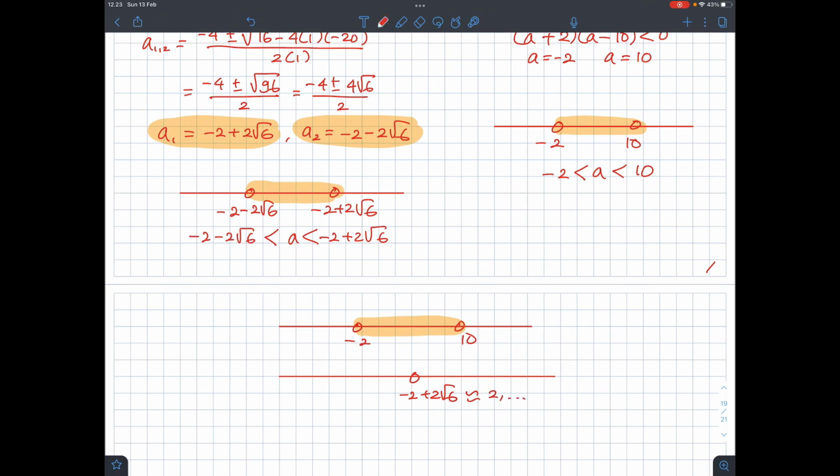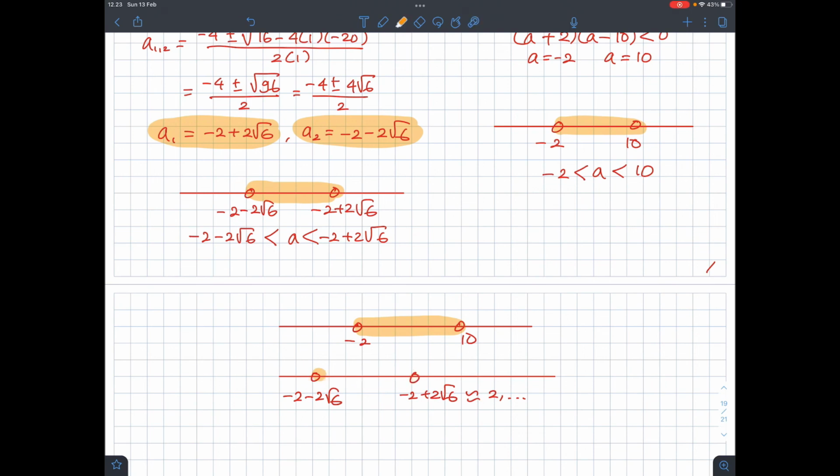And how about this one? The square root of 6 is 2 point something, times 2 means negative 4 something, and negative 2 minus 4 gives about negative 6 something. Negative 6 something means the location is here, and we also shade this part.